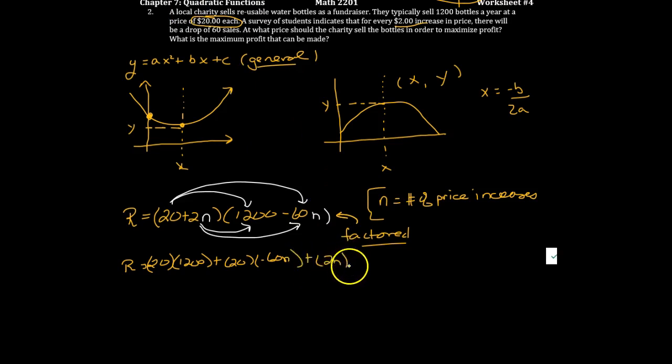So 2n times 1,200, and then 2n times negative 60n. So 4 terms here should be 4 sets of multiplication below.